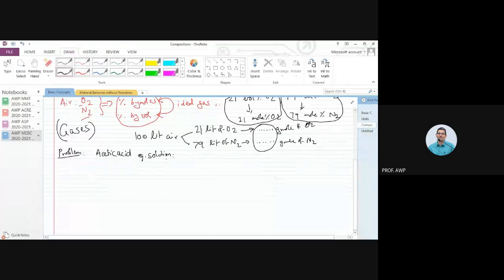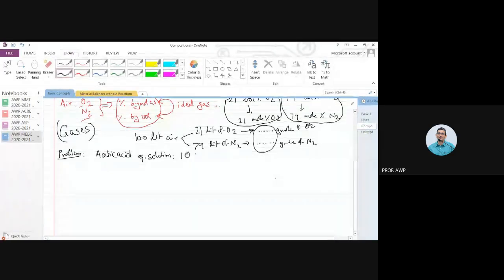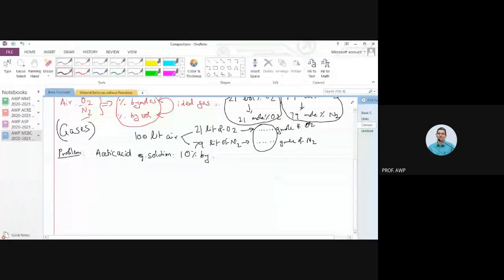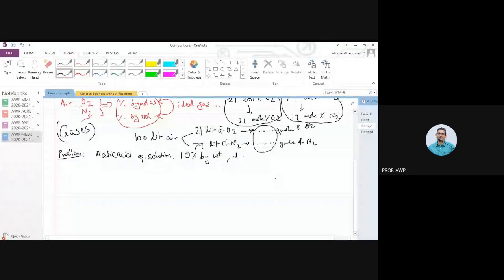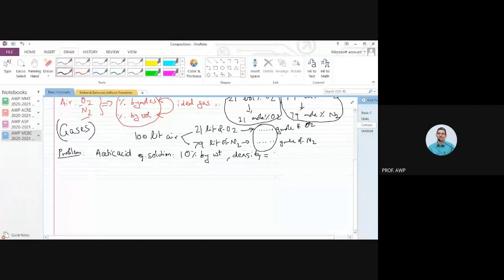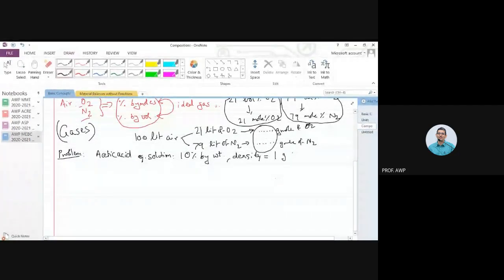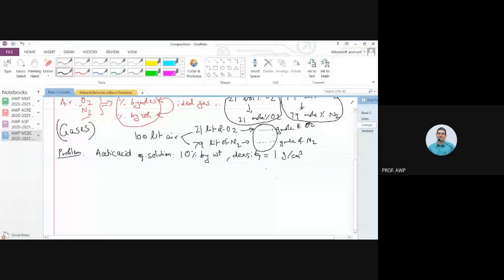So let's say in this solution, acetic acid is 10% by weight. Let's say the density of this solution is 1 gram per centimeter cube. Let's make life simple.